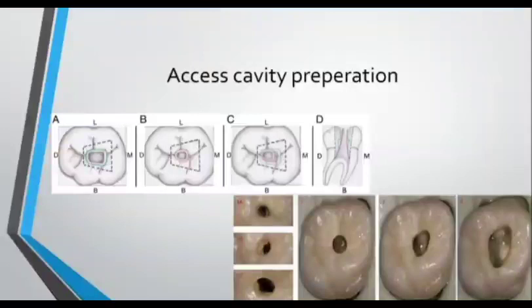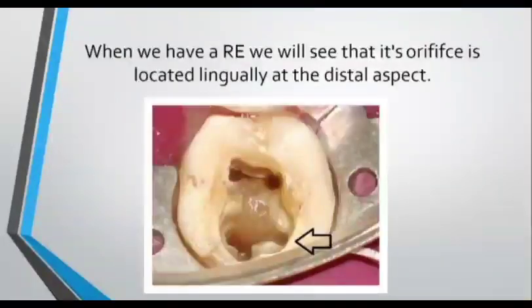The mutual objectives of this phase between all of these concepts is to remove all the caries, conserve as much sound tooth structure as possible, and remove all coronal pulp tissues and locate all the orifices of the canals.